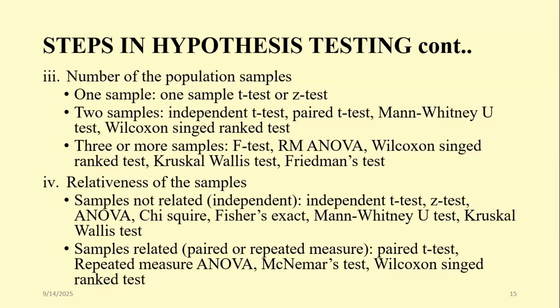Okay. So you can now find out whether your samples or your groups are related or not related. What are related samples and what are independent samples? Independent samples are two samples that are independent of each other, maybe group 1 and group 2.